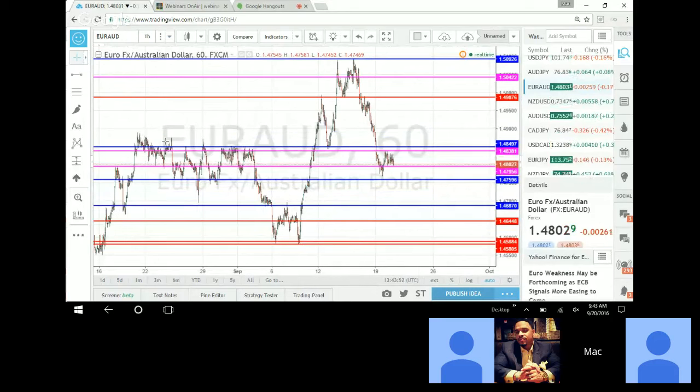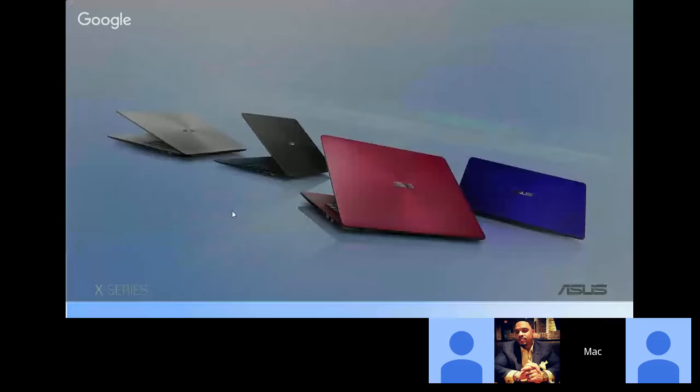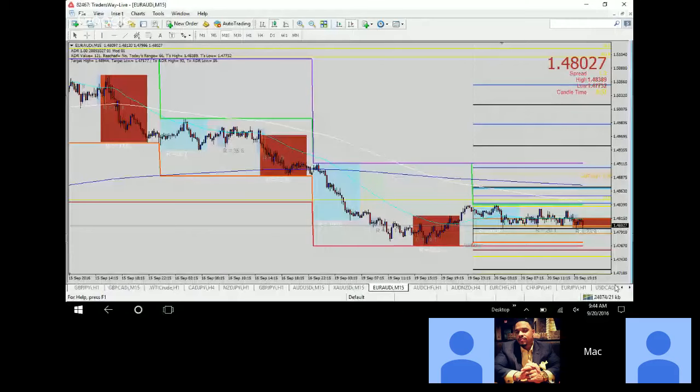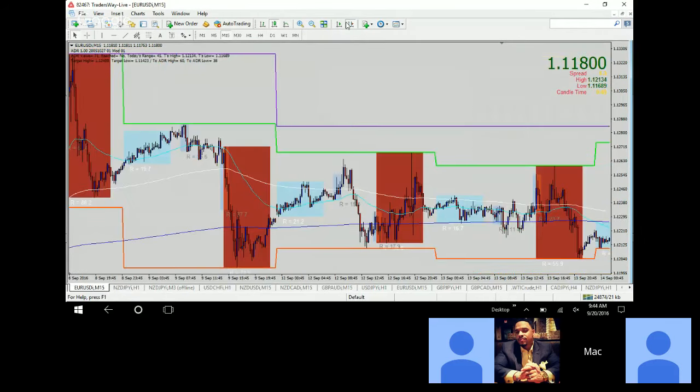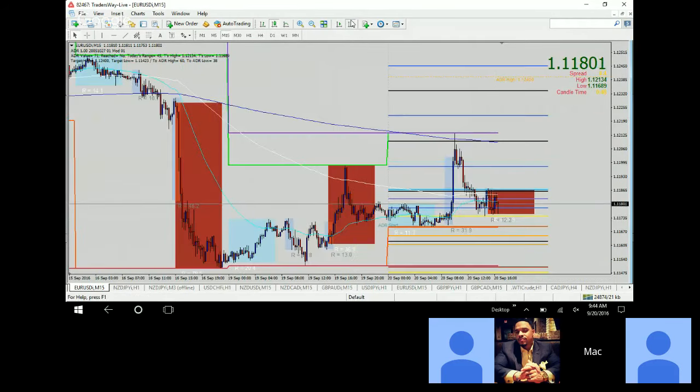I will be sending a pending order on this Euro AUD soon, probably. Let's see. All right, we got some other pairs. I'm just going to glance through and see what some of these pairs did, if they did anything overnight.